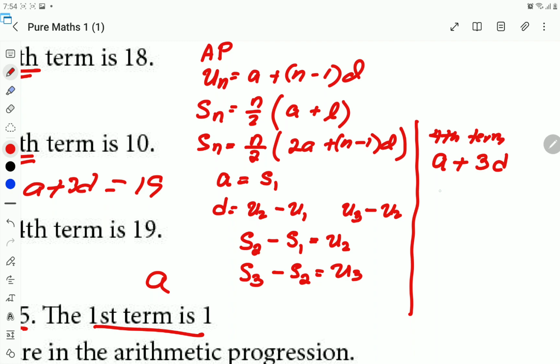If it is the fifth term, for example, then that's going to be a plus 4d. Therefore, if that is the nth term, what did we say? That is a plus (n minus 1) times d. So that's the way you need to memorize all of that.